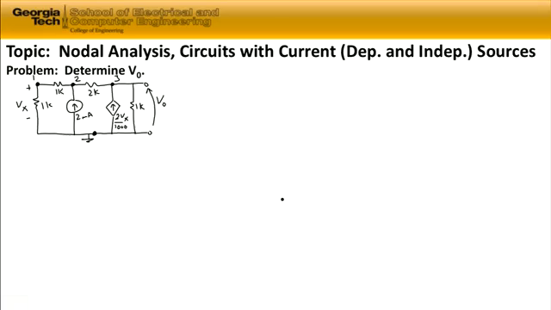So when we're doing nodal analysis, the first step is to find the equations for the nodes using Kirchhoff's current laws. We're going to use Kirchhoff's current law to sum the currents either into or out of the nodes of the circuit. In this circuit, we have four nodes. We have the node at the upper left-hand side of the circuit, which is node 1.